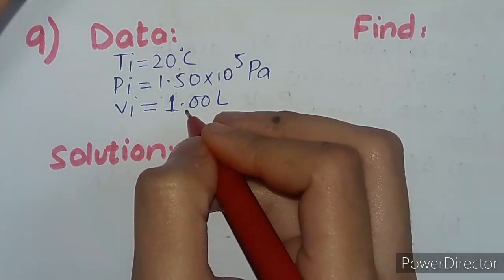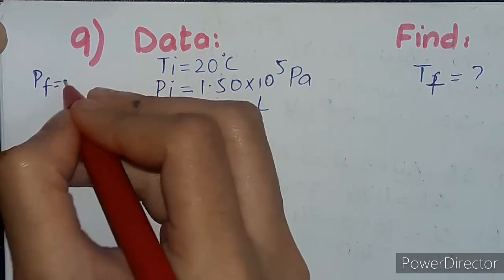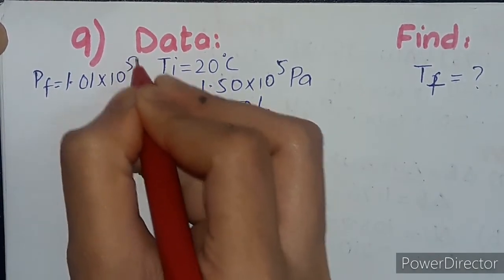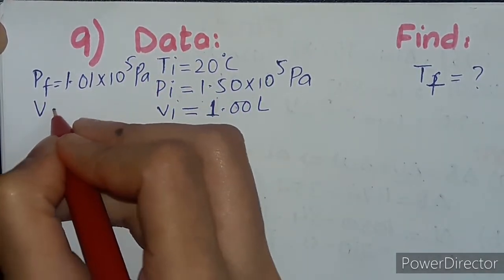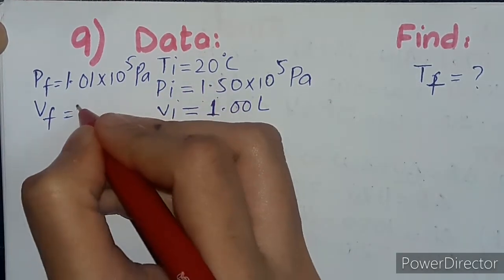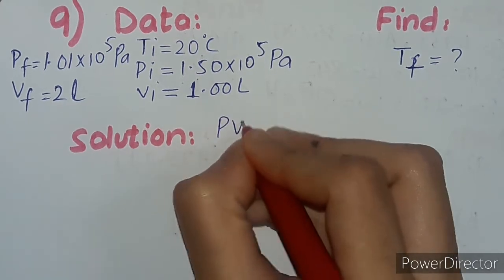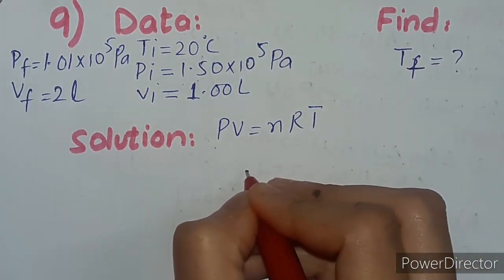Then Pf is equal to atmospheric pressure, which value is 1.01 10 to the power 5 Pascal, and Vf is equal to twice the original one, means 2 liter. Okay, PV is equal to nRT, the general gas equation.